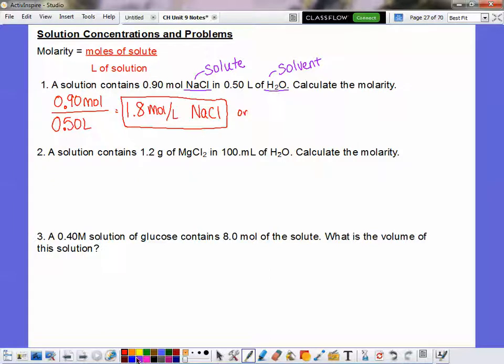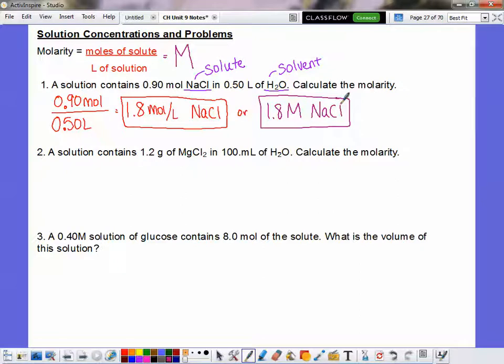Molarity has a symbol. You can leave it as moles per liter, or you can write it as a capital M. So that's another way you can write the unit.